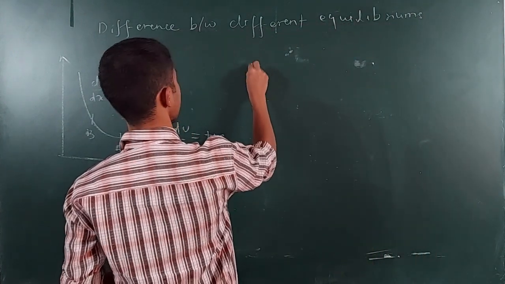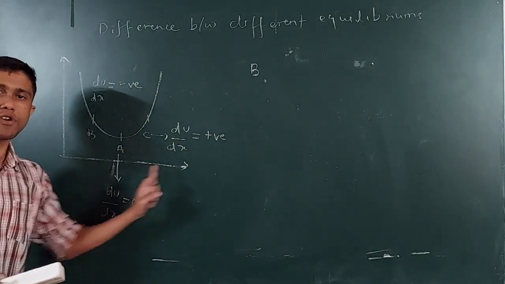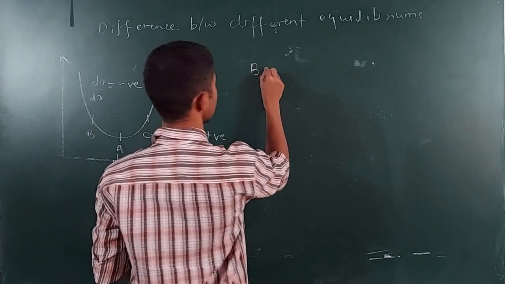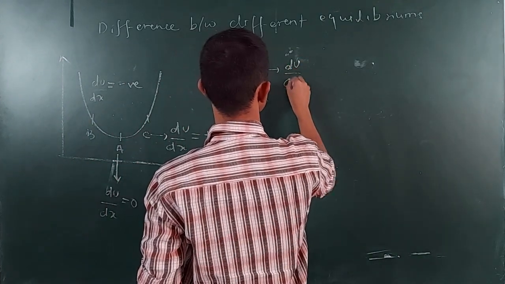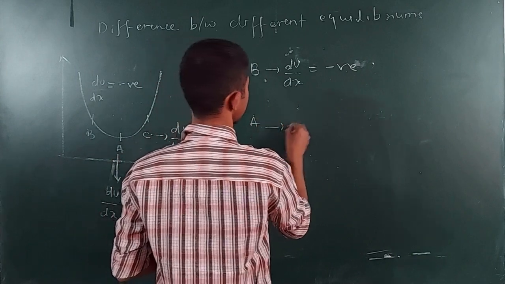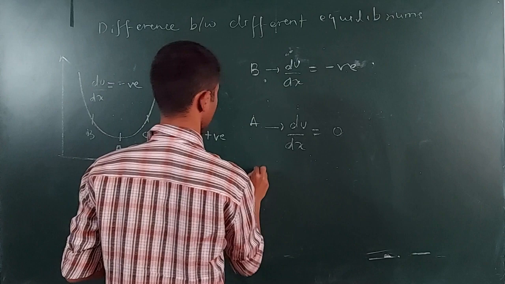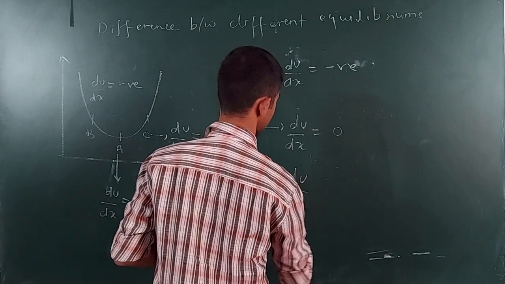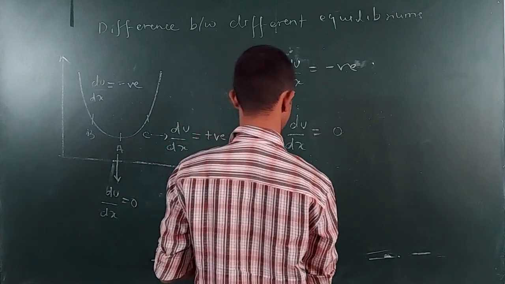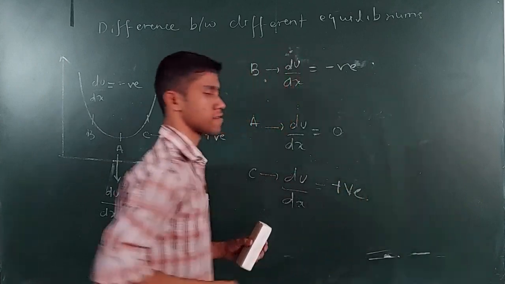So now what will I do? I'll again rearrange things. I'll go from point A to point C. I know for B the du by dx was negative. For point A the du by dx was 0, and for point C du by dx is positive.